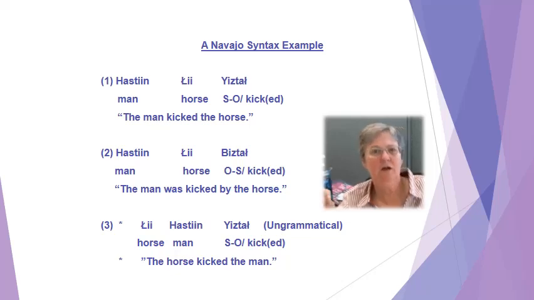Well, here's the deal. It's cultural. The Navajo language and the use of it reflects what's called a chain of being scale, or an animacy hierarchy in the language that reflects cultural ideas about beings in the world.